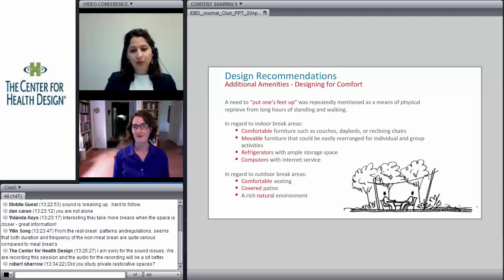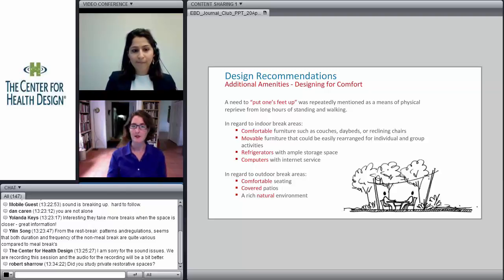So in terms of indoor break areas: comfortable furniture, movable furniture that can be rearranged for individual and group activities. They also had a lot of comments about amenities like a refrigerator or computers with internet access. And in regard to outdoor break areas: comfortable seating, covered patios, and a rich natural environment. Those are the most frequent comments that they had.